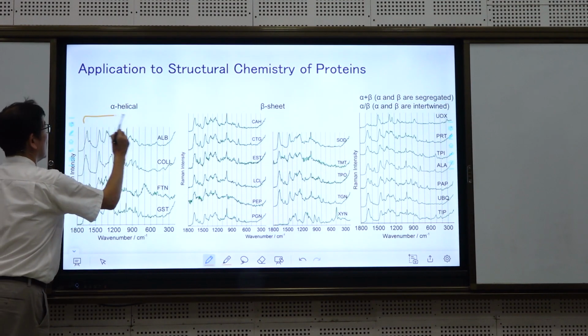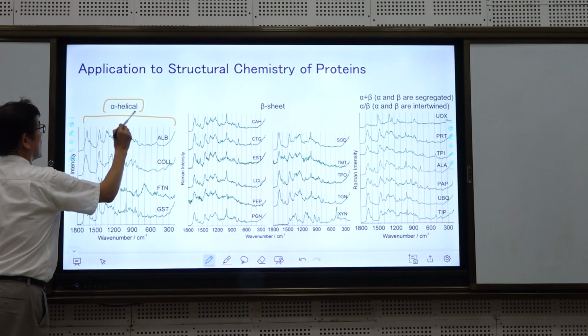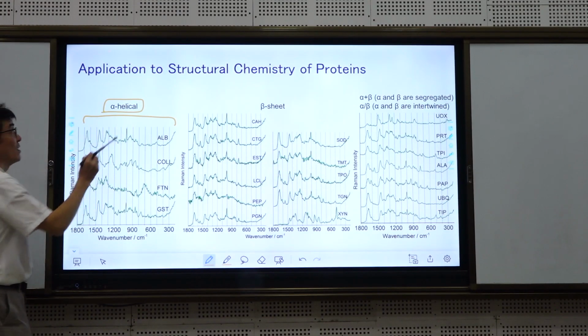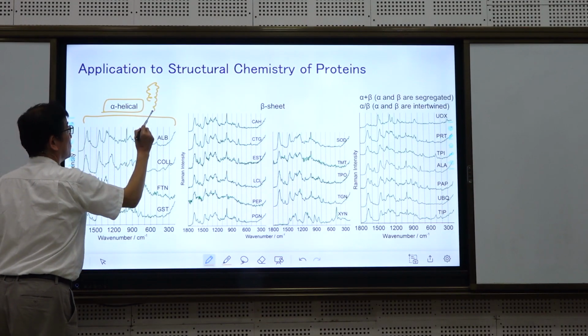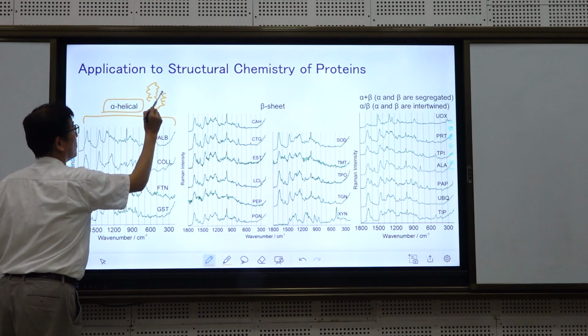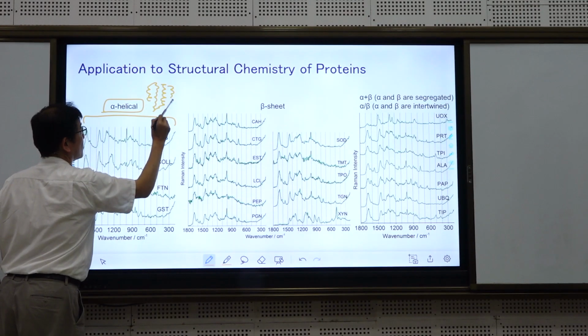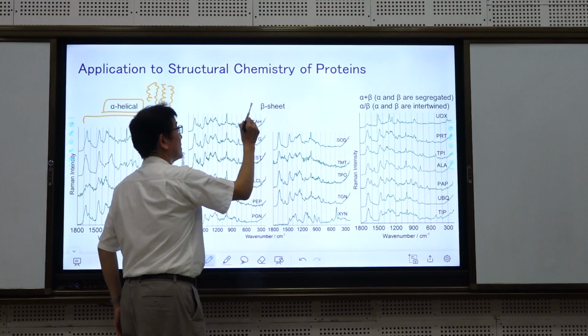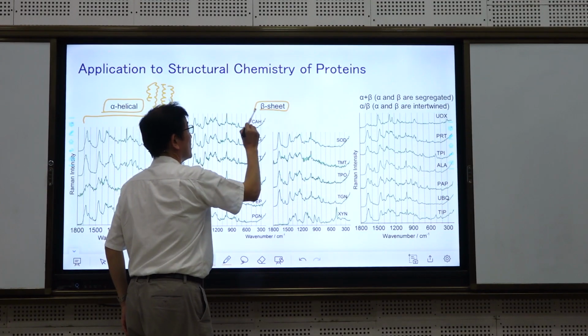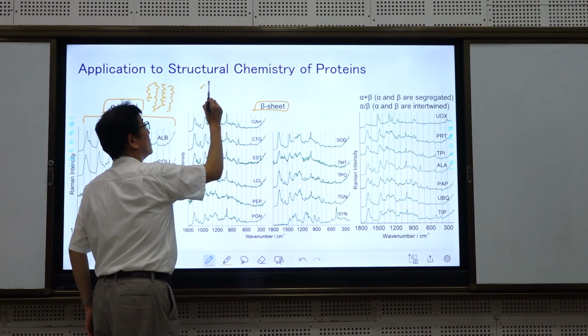This group is alpha helix rich protein. So the structure mainly consists of alpha helix. Then the appearance is something like this. The second group is beta sheet rich protein.